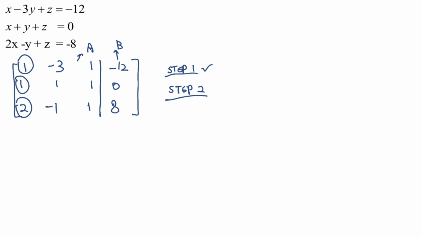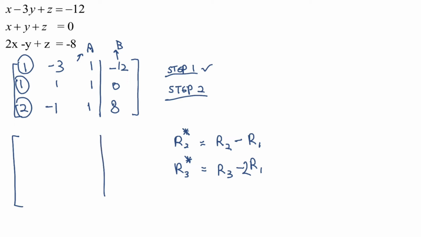Since at row 2 it is 1, 1 minus 1 is 0. Here is the formula for step 2. So what will you get? 1, -3, 1, -12. And then 0, 4, 0, 12. 0, 5, -1, 16.